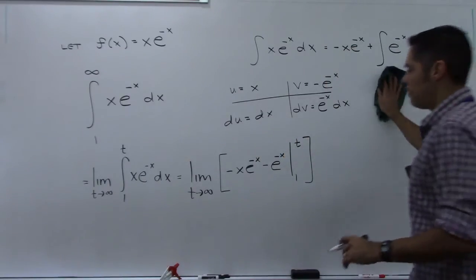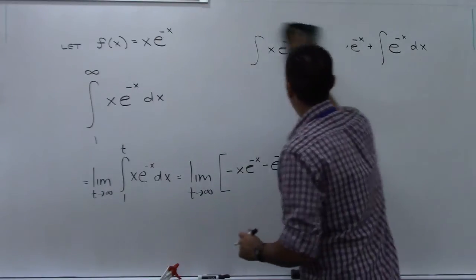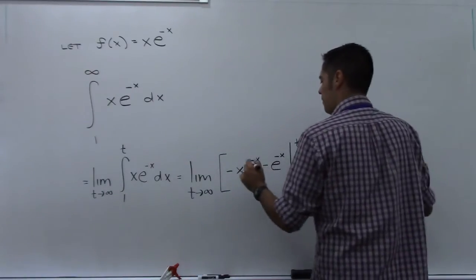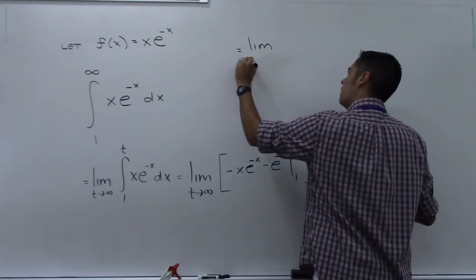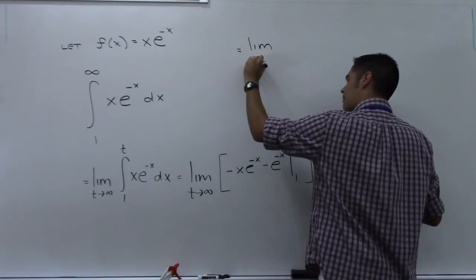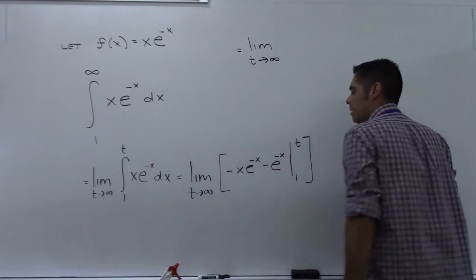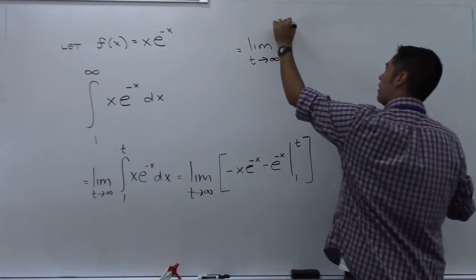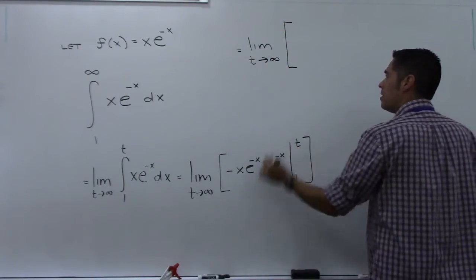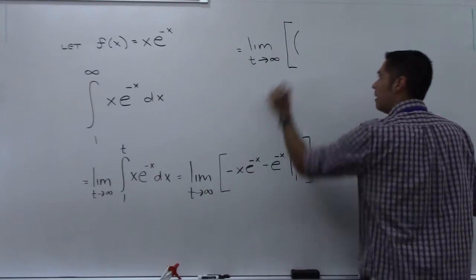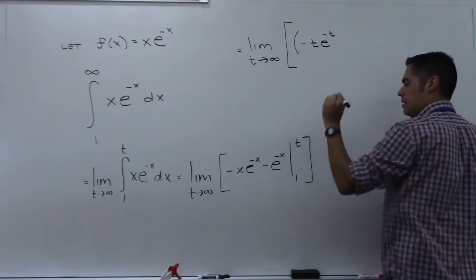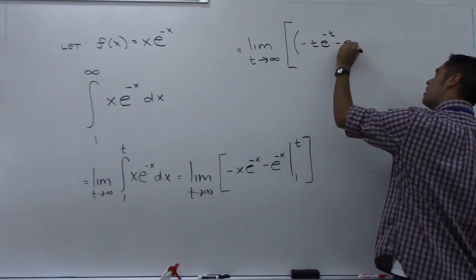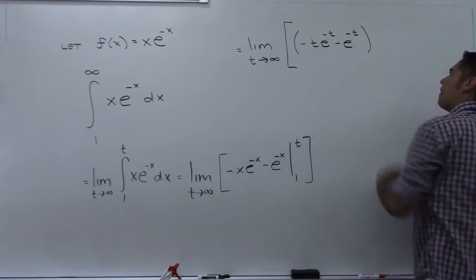And I don't really care for this version of it. I'm going to do something a little different. I'm going to do the limit as t goes to infinity. I'll go ahead and do it right now. All right. So if we plug in t, we get negative t e to the negative t minus e to the negative t.